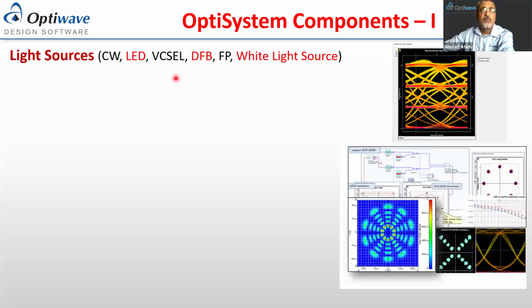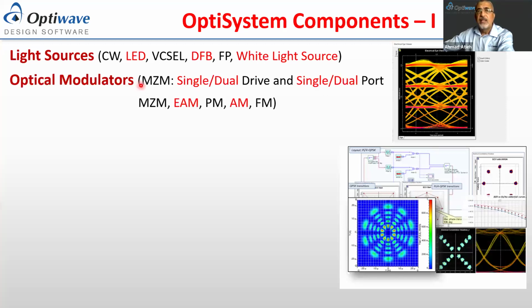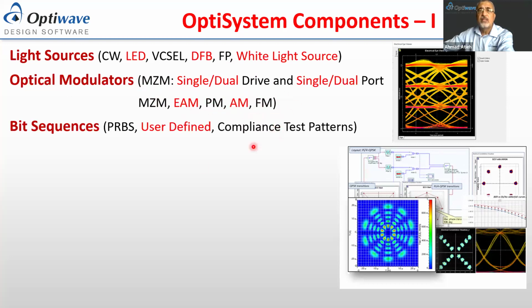You can set the number of photons you want to transmit. In the optical modulator directory of the component library, you have Mach-Zehnder modulator analytical models, or other models with single drive, dual drive, dual ports, and so on. You have electro-absorption modulators, phase modulators, amplitude modulators, and frequency modulators.